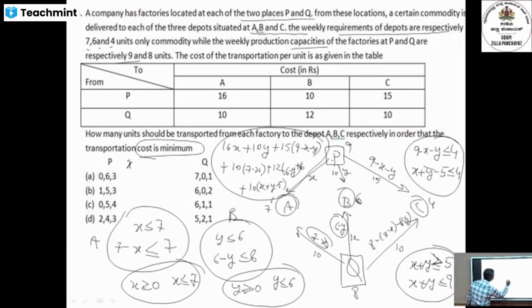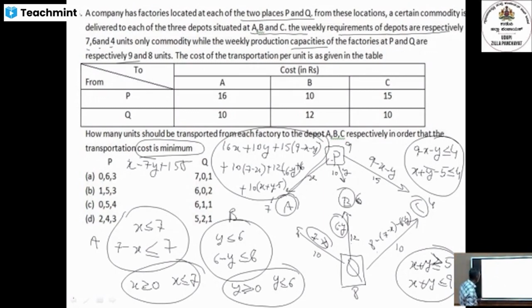And for y: 10y minus 15y minus 12y plus 10y gives minus 7y. The constant is 135 plus 70 plus 72 minus 50, so plus 155.